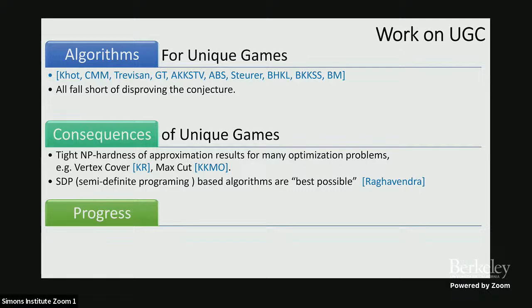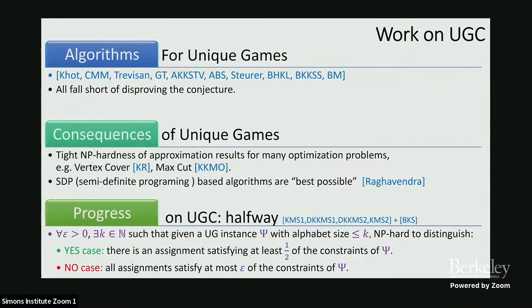And there have been some attempts, but as of today, the best result that we know about unigames is what is derived from the 2-to-1 games theorem, which is not equivalent, but it's basically equivalent to the following assertion, which says that the unigames conjecture is true, but in the yes case, you cannot achieve 1 minus epsilon, but rather some constant, say half. So this is the state of affairs about unigames.